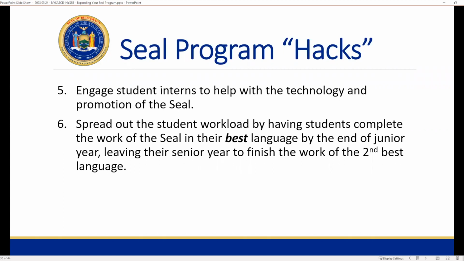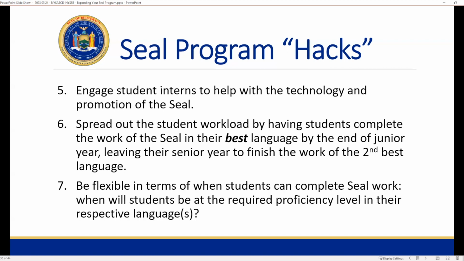We encourage all schools to have students complete the work of the SEAL in their best language, whatever that is, by the end of junior year, because most likely they've already hit that required proficiency level of intermediate mid or intermediate high by then. They can get all of that work out of the way by junior year so that their senior year can focus on the work in their second best language. It's also less likely that a student is going to back out if they know that they've already done half the work for something.